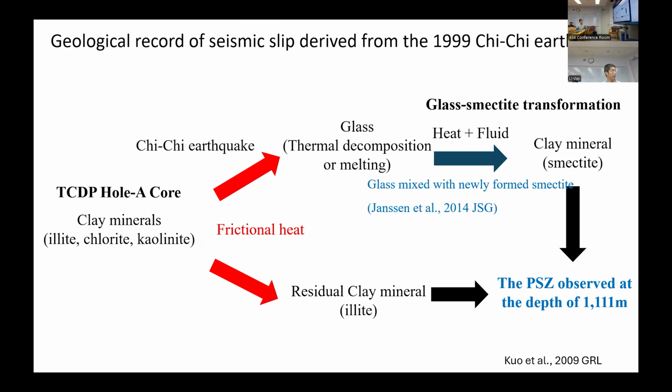But luckily, Jason in GFZ found that, and we shared the material with him, and he published that paper. He conducted gouge experiments at high velocity and high normal stress, and then he could produce gouge melting in the lab.